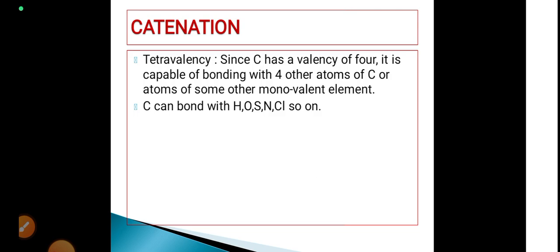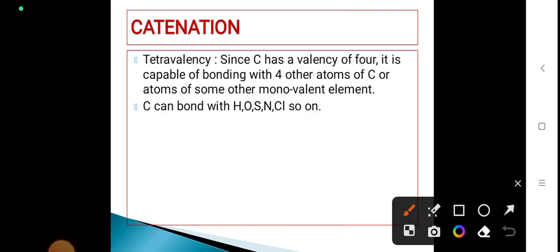So these two are the perfect answer for the question of why catenation is so prominently seen in carbon. In most 10th standard question papers, they usually ask this type of question: why does silicon not undergo catenation?